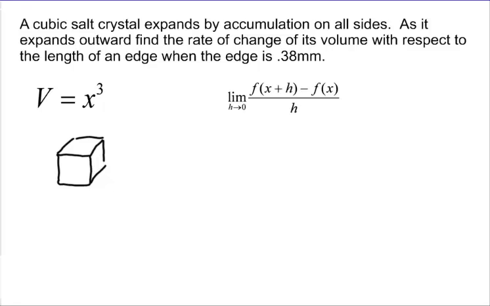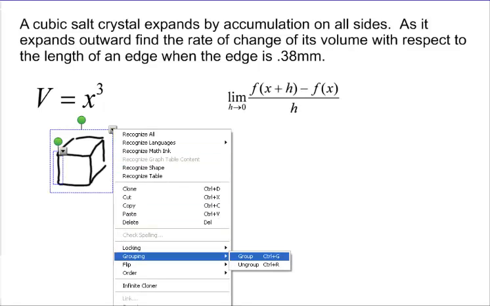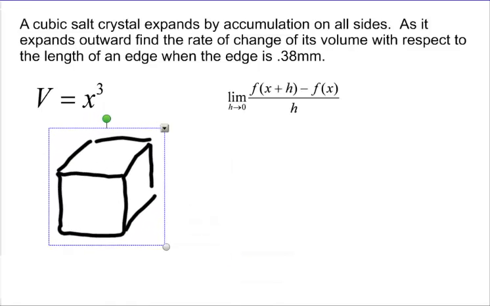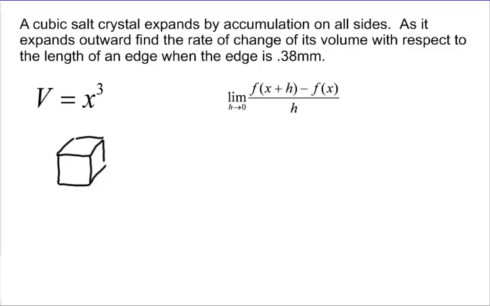So this cube is going to get bigger and bigger. Here's my cube, and it's going to grow. We want to know, how is my cube changing when the side is 0.38 millimeters?